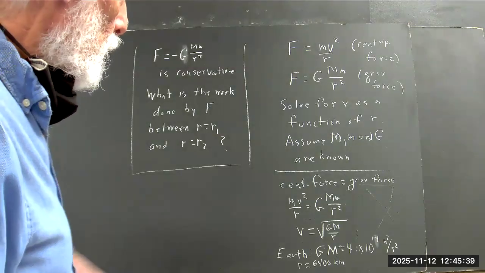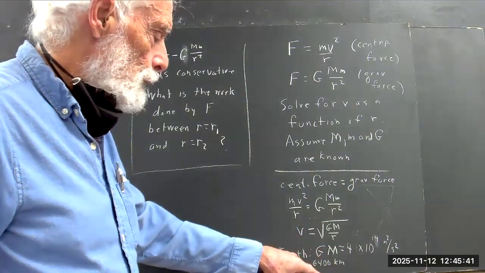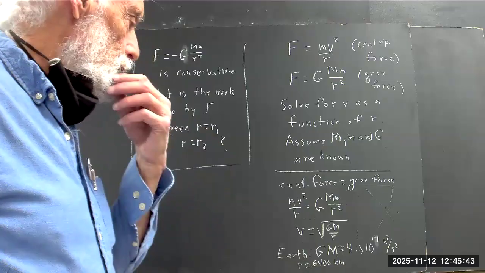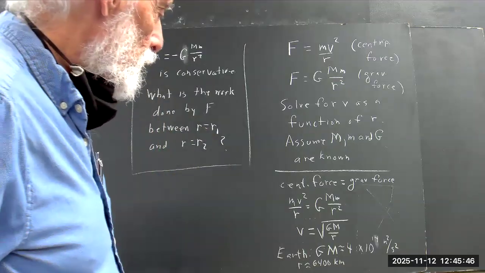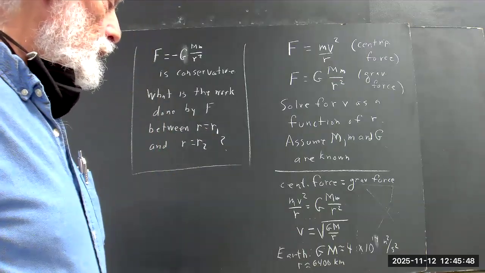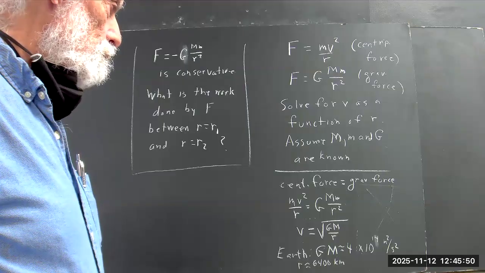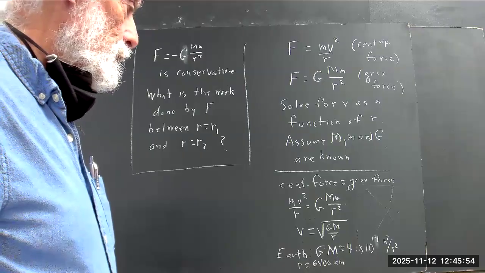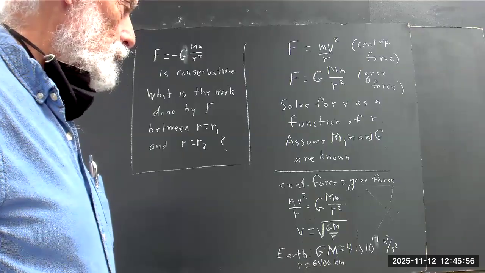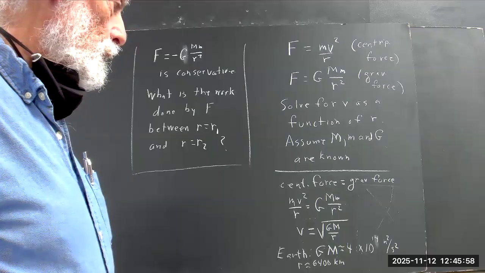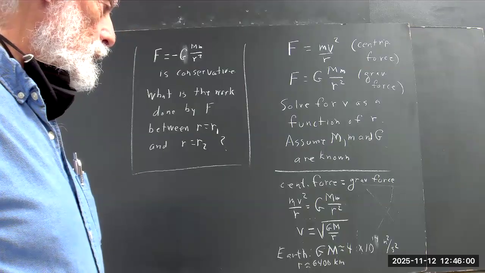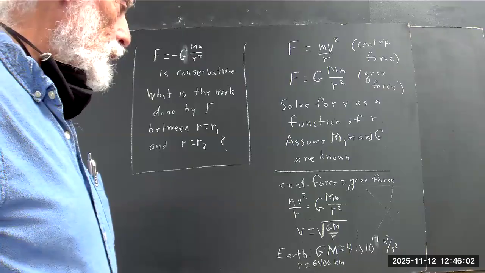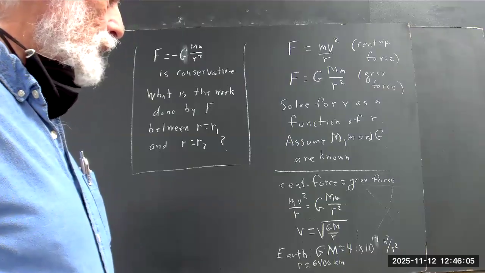So if you divide this by this, you're going to get something like 6 times 10 to the 11th, which is like 60 times 10 to the 10th. But that's kilometers, so 60 times 10 to the 7th.